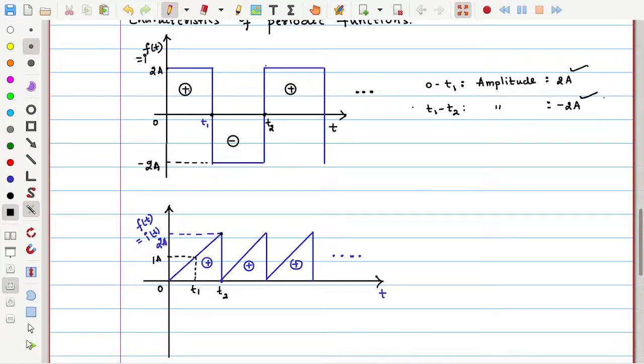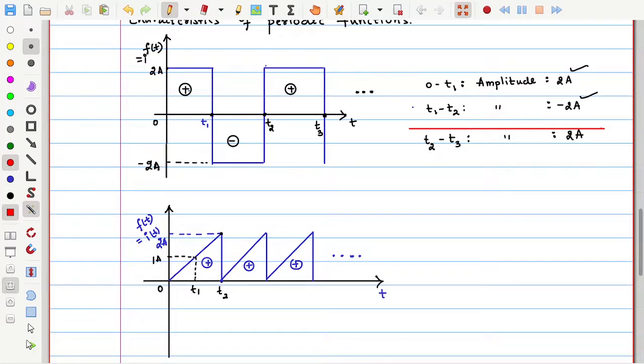Then after T2, let us say for one more time interval, which we call T3, and this is the time axis. What will be the amplitude between T2 and T3? Tell me, how much is that? 2 amperes. Clear?